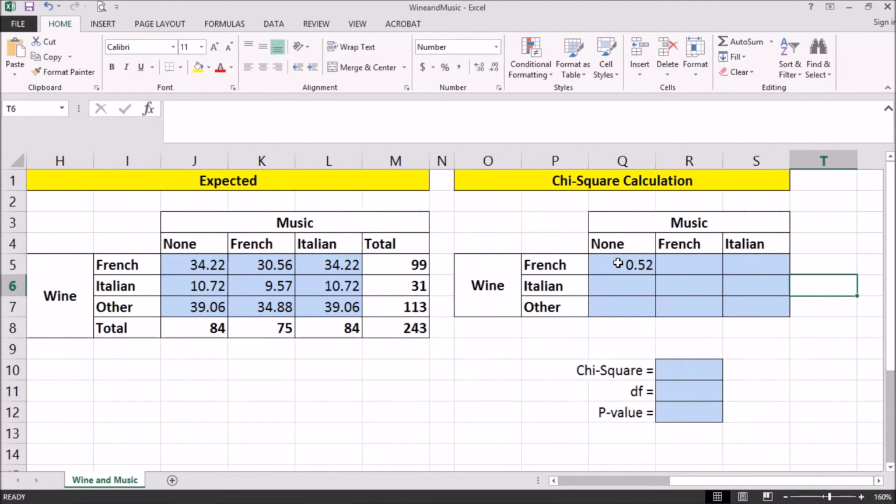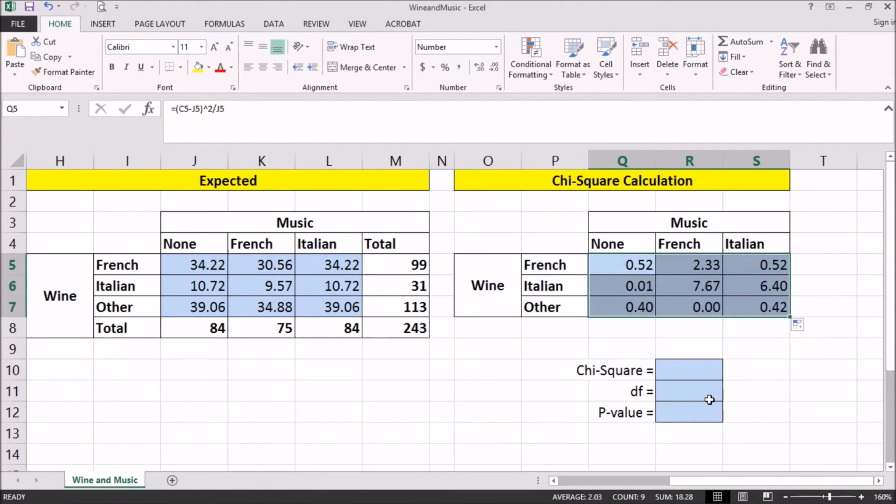Our first chi-square statistic is 0.52, and we can drag this through our table, and we see, as expected, for our Italian wine with French and Italian music, we have the largest chi-square statistics, which represent the largest difference between observed and expected values.